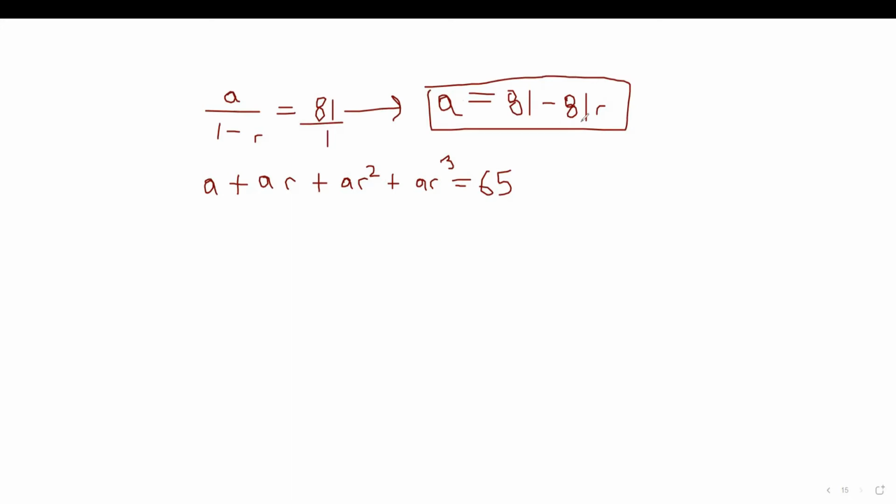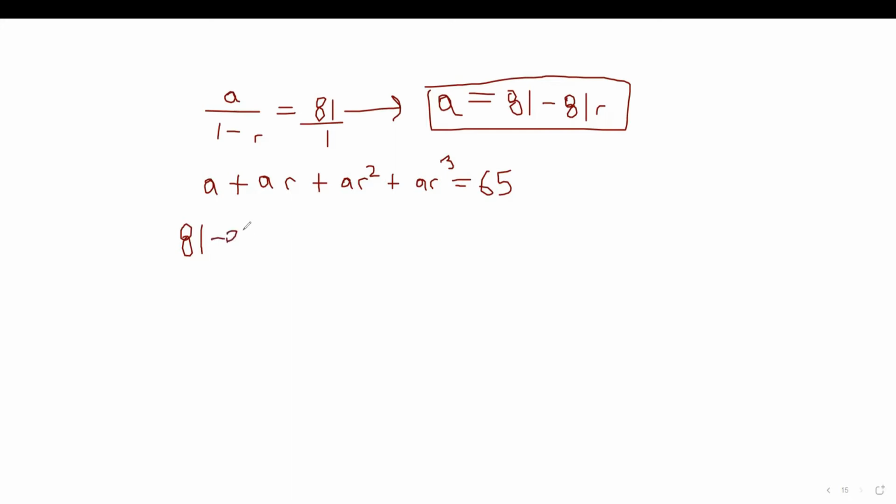Now, I don't want to substitute it for A because then this is going to be a long expression. Let me try and see if there's a shortcut. Factor out A and I have 1 plus R plus R squared plus R cubed. No, I don't see the shortcut, so I'm just going to have to substitute.